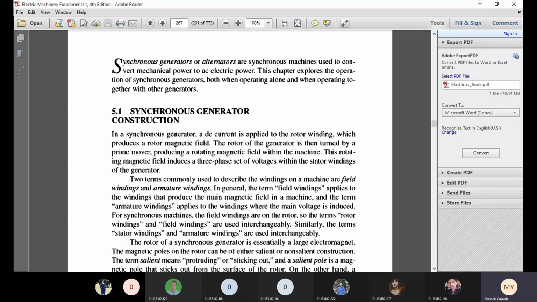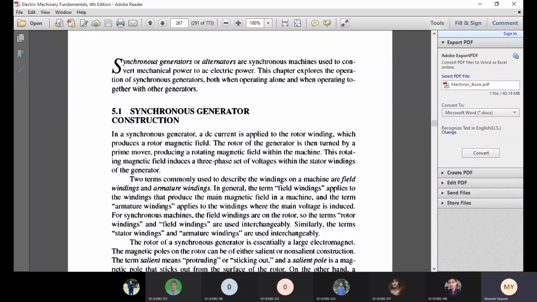Similarly, in an electrical machine, generally there are two windings. One winding is located at the stator and is known as the stator winding, and the other is located at the rotor, which is known as the rotor winding.